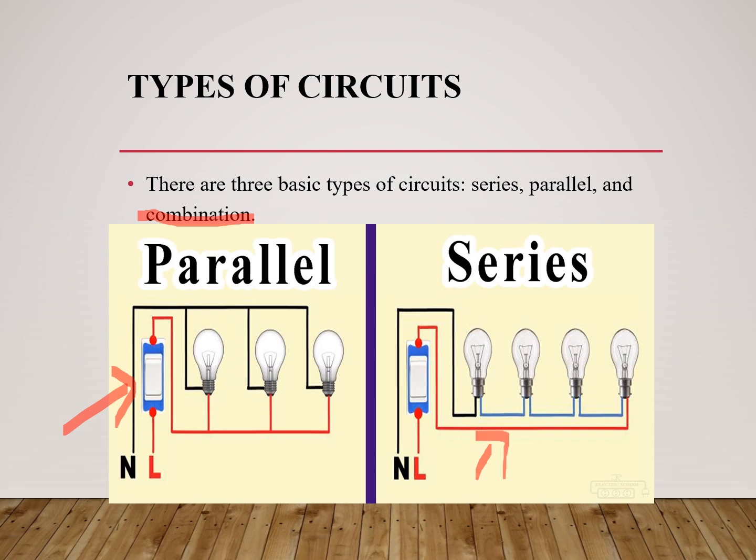For example, one bulb is connected with a rope, another bulb is connected, and another bulb also. They are controlled with a single switch. If the switch is switched off, all the bulbs will be off, and when the switch is on, all the bulbs will be on. That is what is meant by a series connection.